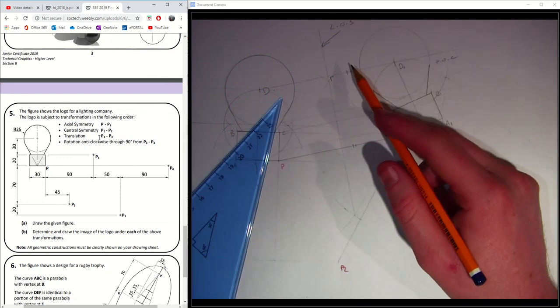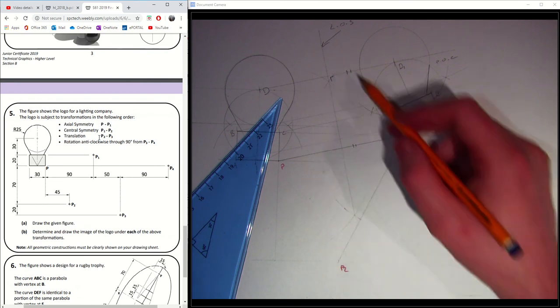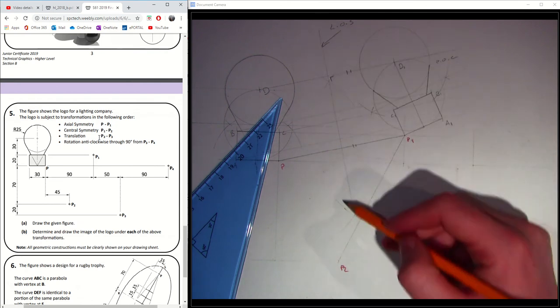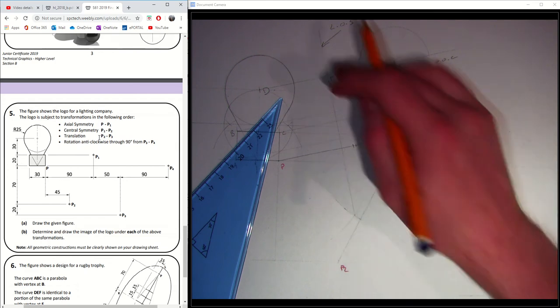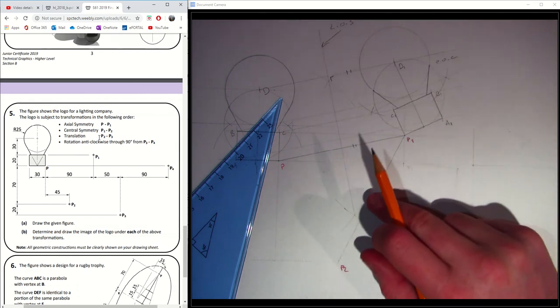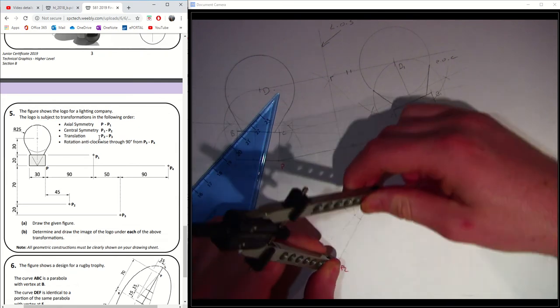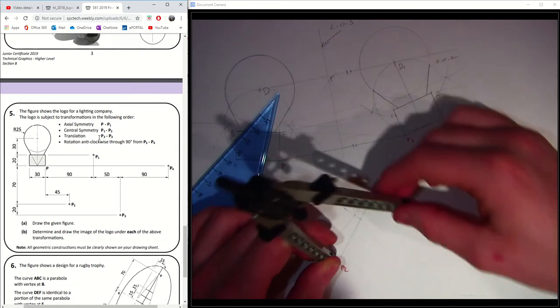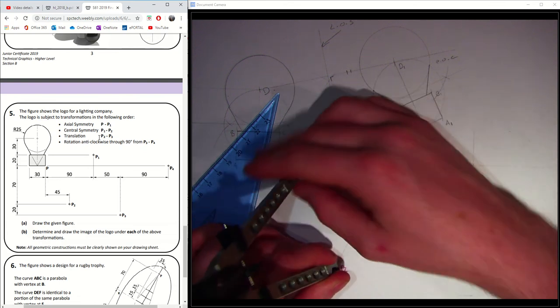That's for axial symmetry. If it's central symmetry, I need to get a center of symmetry. So rather than getting the bisector of that line, I just want to get the point that bisects that line. So I don't want to actually get the bisecting line, I just want to get a point on that line. So we need to get the center of this line. So we're going to get our compass again, we're going to measure out and we're going to get over half.